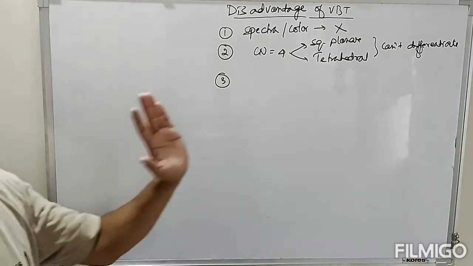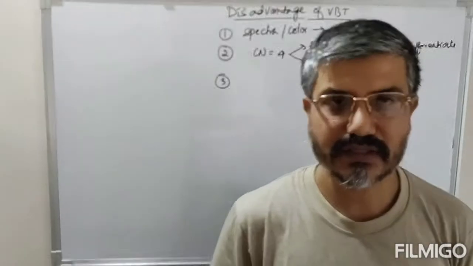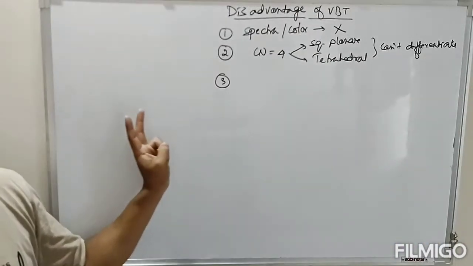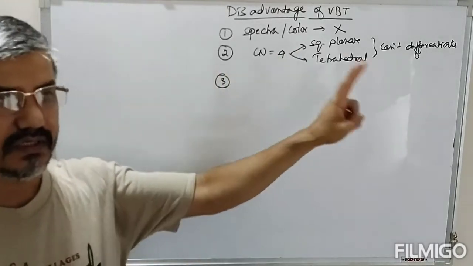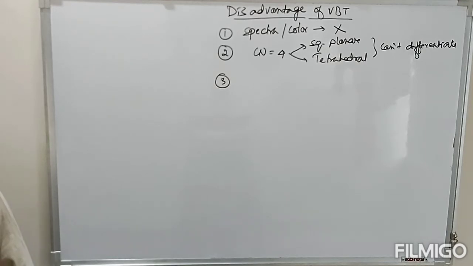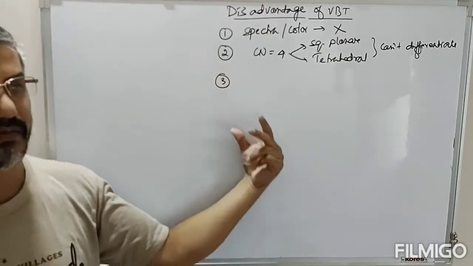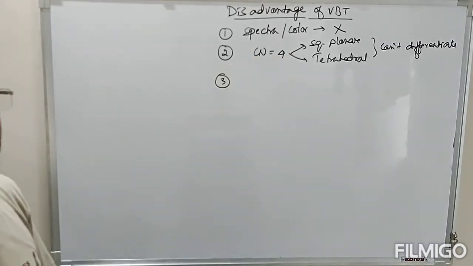Then again, look at this. In octahedral complexes, we have two types: inner orbital complex and outer orbital complex. Why is some octahedral complex inner orbital? Why is some octahedral complex with coordination number 6 outer orbital? The concept of inner orbital or outer orbital cannot be differentiated by valence bond theory.